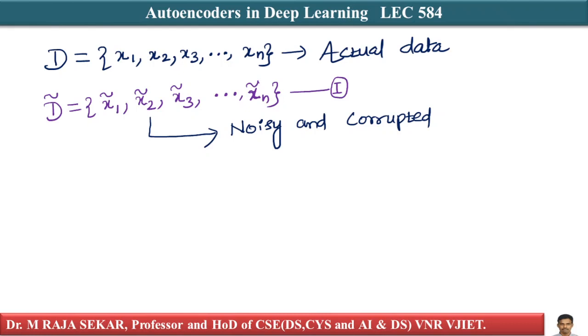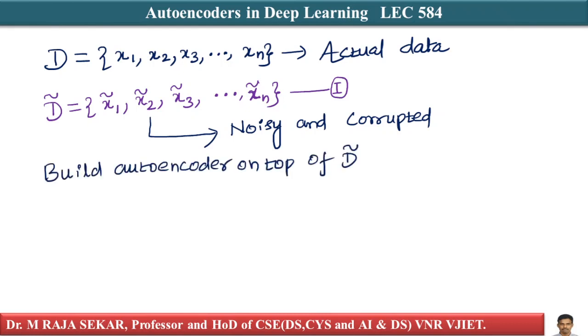One thing that people do here is, I have my noisy data here, D tilde. Let's build an autoencoder on top of the noisy data. I input the xi tilde into my autoencoder. What does an autoencoder return to me? It returns xi dash, isn't it?